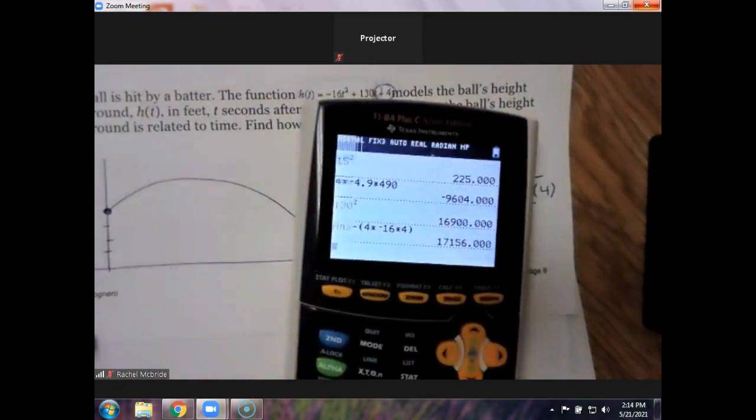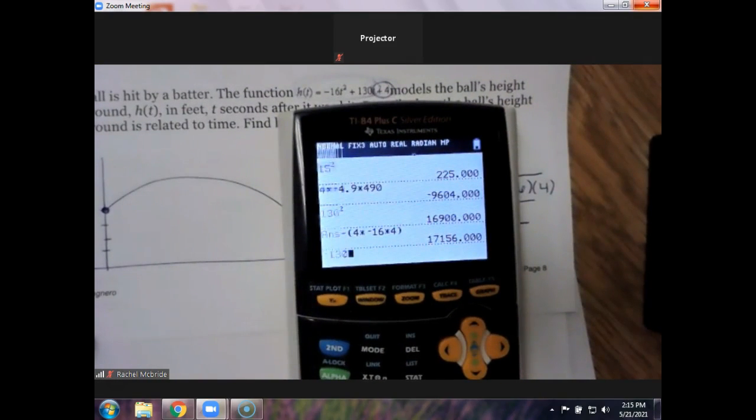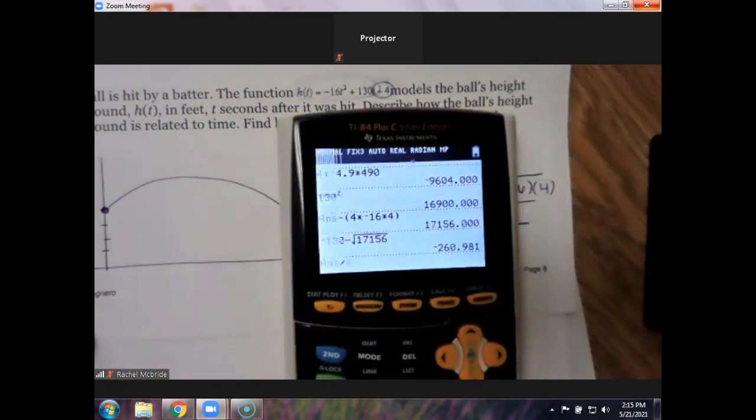So then on your calculator, you just do -130 minus the square root of that answer, divided by 2a, which is -32, and we get 8.156.